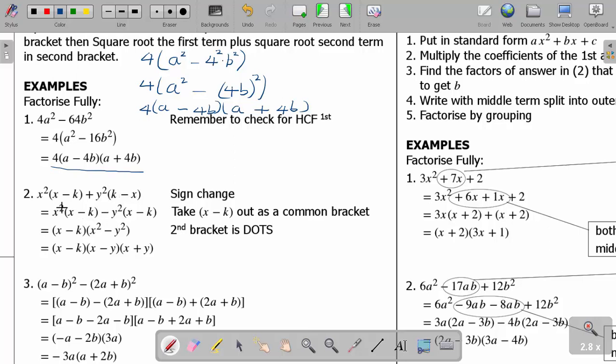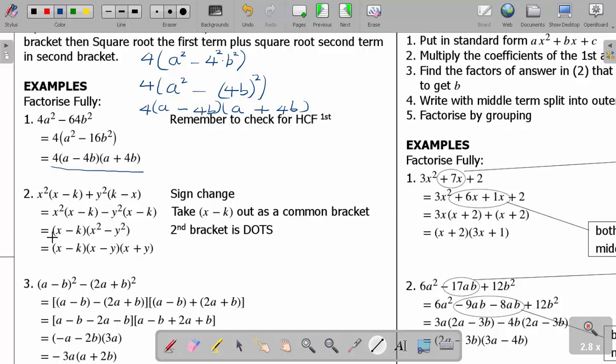To make it the same as here, we said you take out a -1. Now -1 times +1 gives us negative y squared. I'm going to have x minus k again. So now because it's common here and here, I'm going to factor it out as a common bracket.